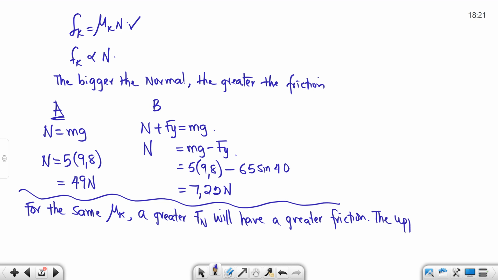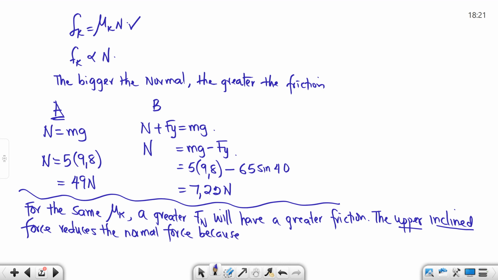The upper inclined applied force, and I'm going into details now, very important, reduces the normal force because of its vertical component, because of its upward direction. I want you to understand this.